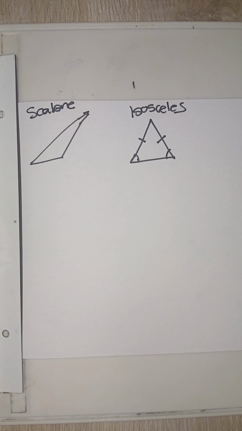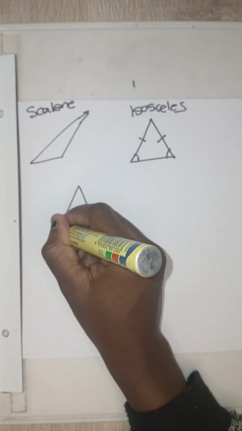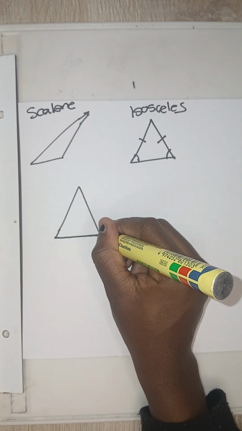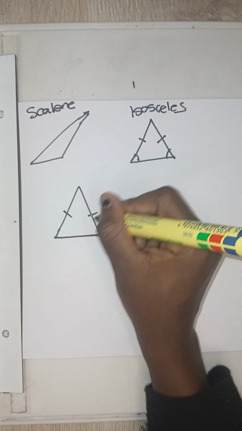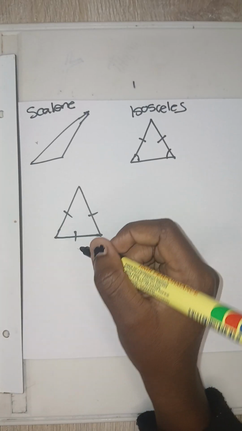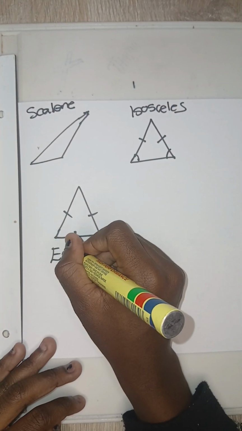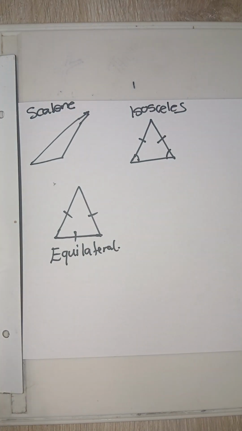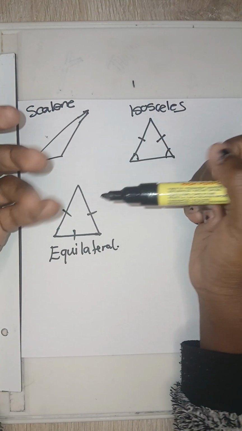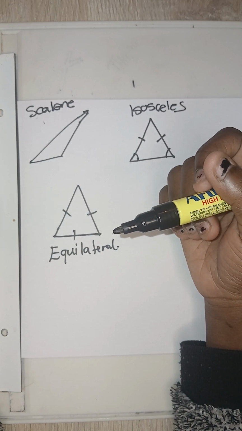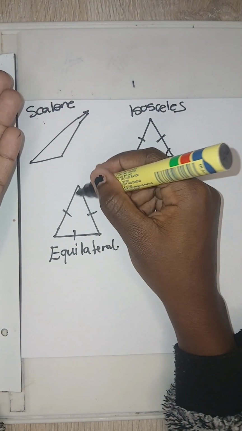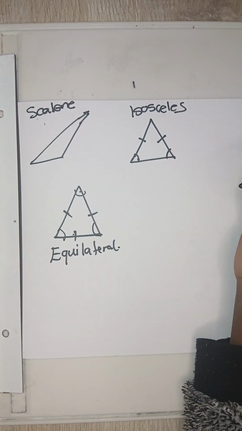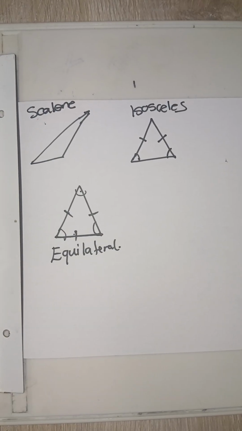And then the last one, we have this one, equilateral. An equilateral triangle has three equal sides and three equal angles.